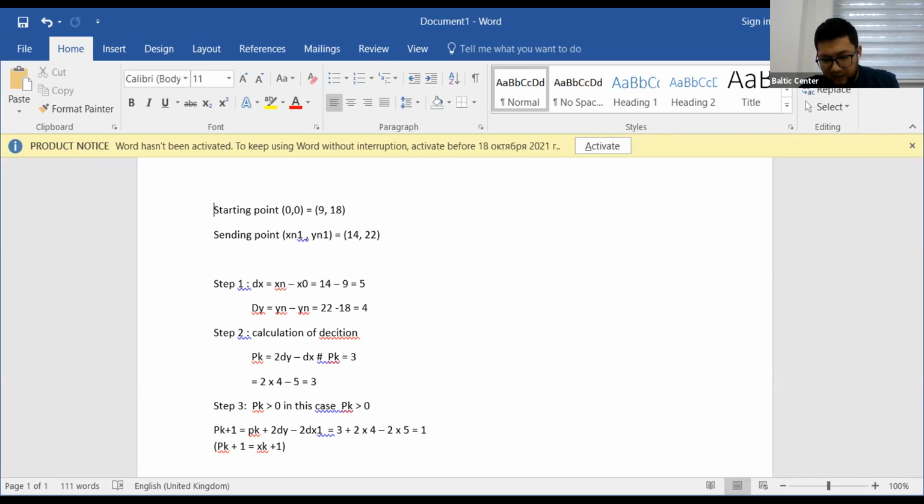So what we are doing is calculating for each step. If we have 9 here, we're drawing from somewhere here, and then we keep drawing until we reach 22. So if we reach 22, we end somewhere here like that. Right? So our line is supposed to be something like this.